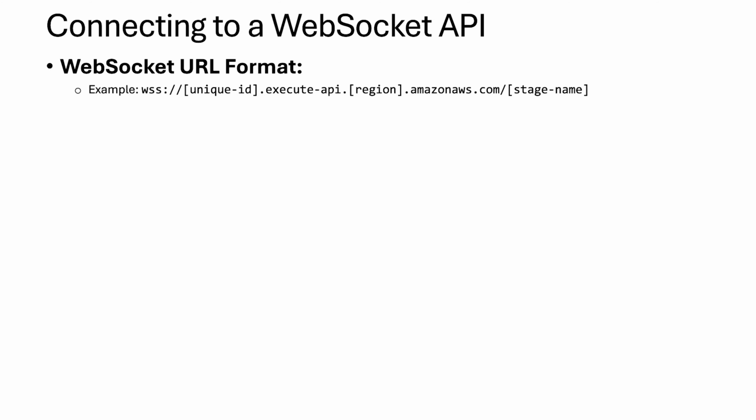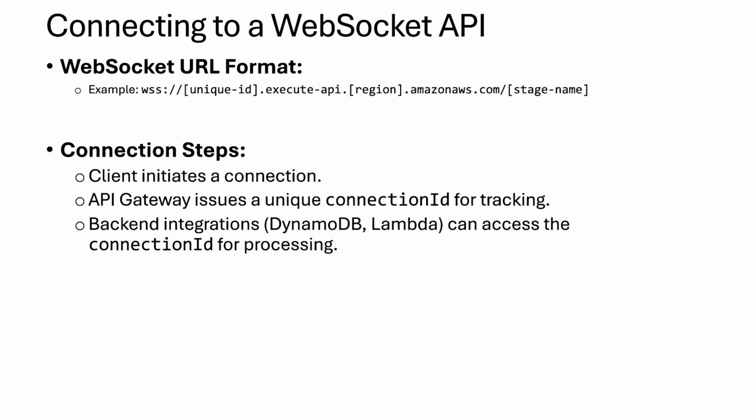So WSS colon double slash, then some unique ID, dot execute-api dot region, which is the region where you deployed your WebSocket API, and after that amazonaws.com slash your stage name. This is how your WebSocket URL will look.